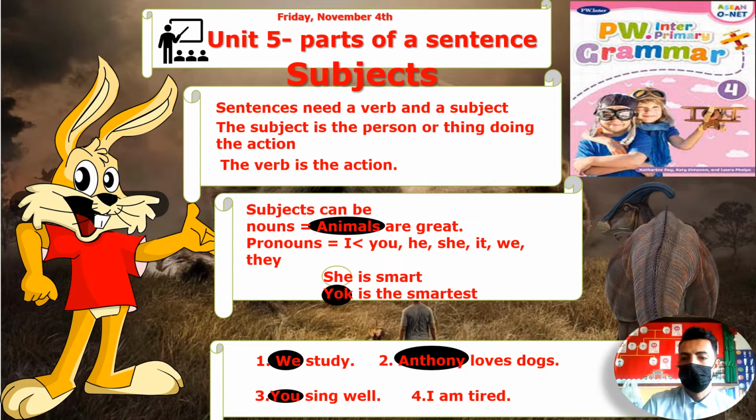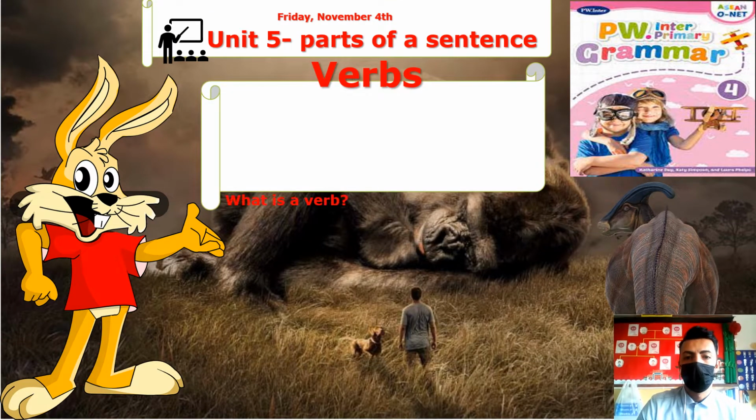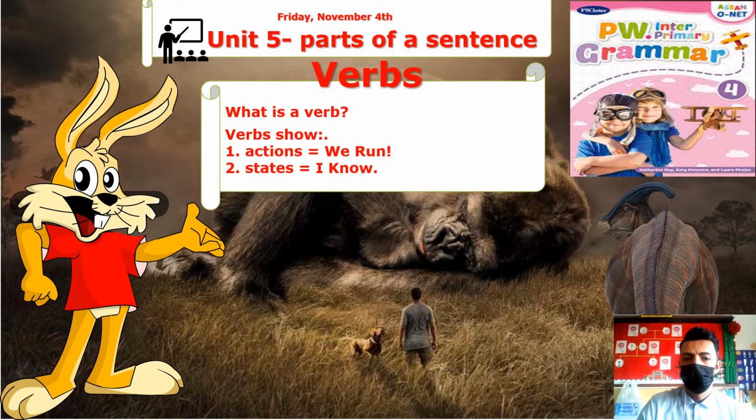Let's take a look at the next slide. We're talking about verbs here. What is a verb? Verbs show actions or states. Like the first sentence here, we run. We is the subject, run is the action.